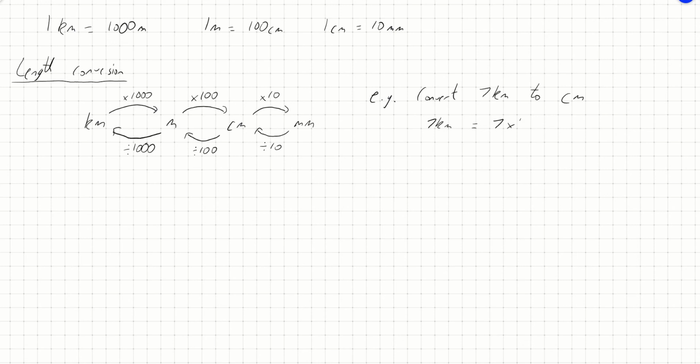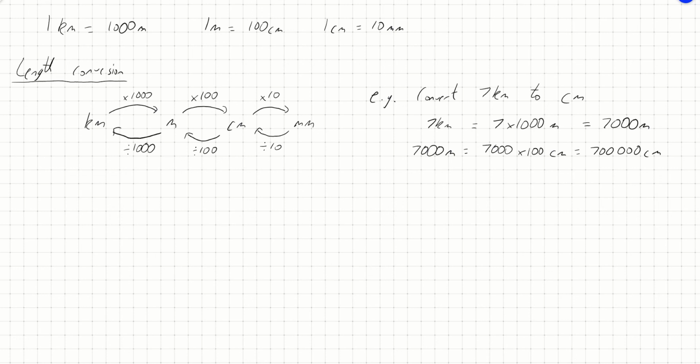So 7 kilometers is equal to 7 times 1,000 meters, which is 7,000 meters. Okay, and 7,000 meters is equal to how many centimeters? Well, 7,000 times 100, which is 700,000 centimeters. So you could do this in one step if you wanted.